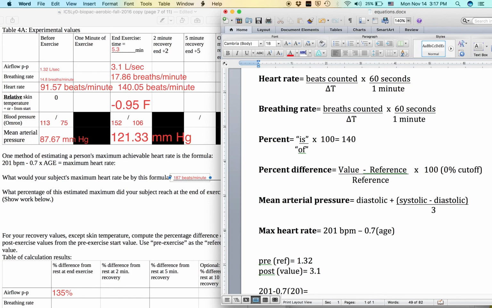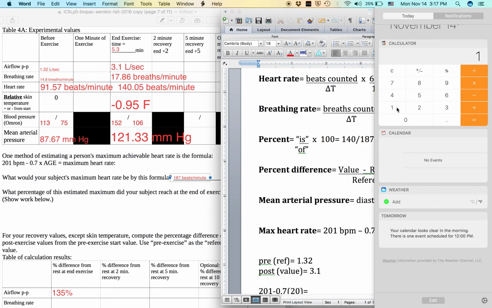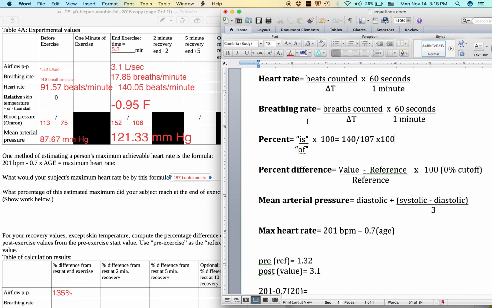So we're going to go 140 and divide that by 187, and then multiply that value times 100 to get a percent. So 140 divided by 187 gives us a value less than 1. We're going to multiply by 100 to make it a percent. We get roughly 75%.